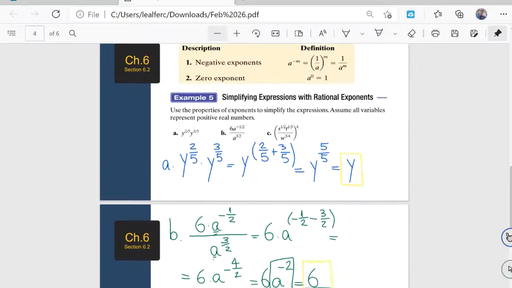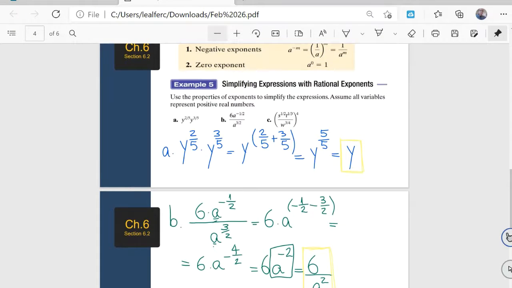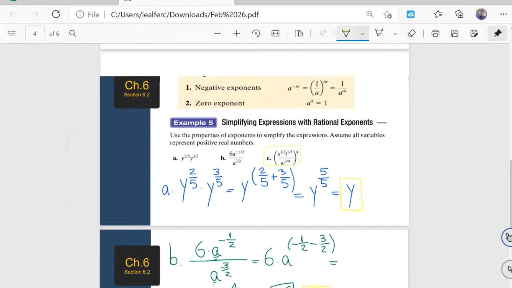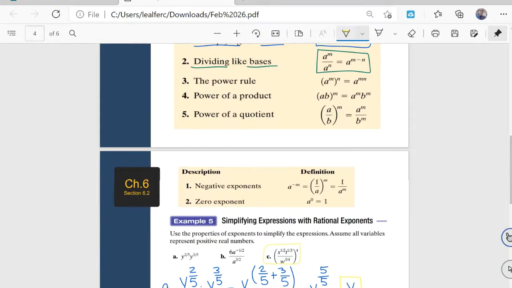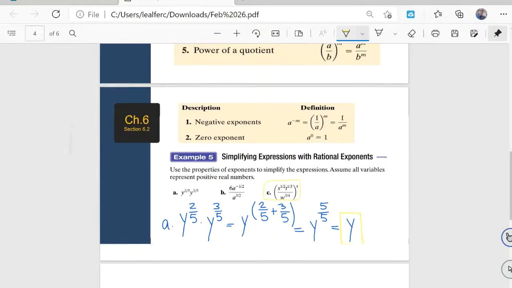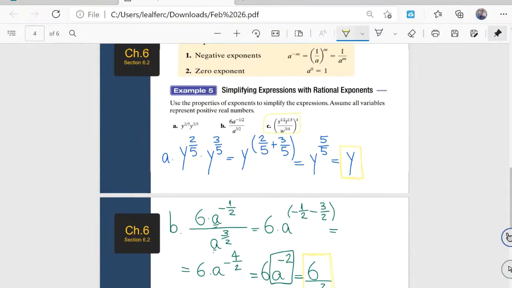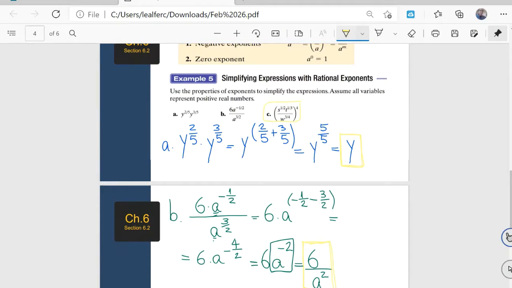We will also apply multiplication. This letter C is a multiplication, the property of the power of a product. Okay, letter C. But you're going to work on the quiz. We will find an example like this on the quiz and we can work together. I think we would rather have more time to work together, and you can ask questions.